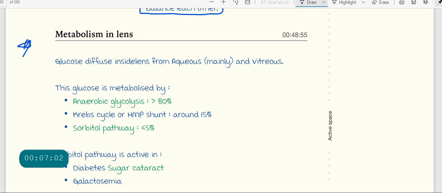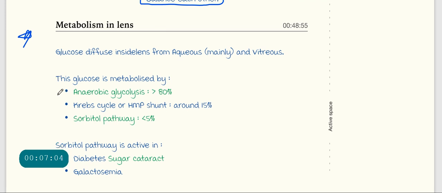In metabolism in lens, there is glucose diffusion mainly into the aqueous humor, and also into the vitreous humor. So the glucose is diffusing inside the aqueous humor and the vitreous humor, and more in the aqueous humor.